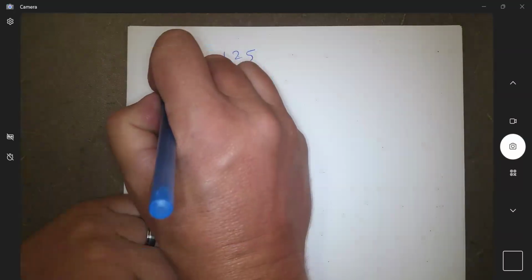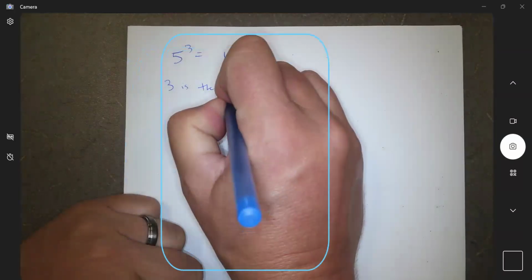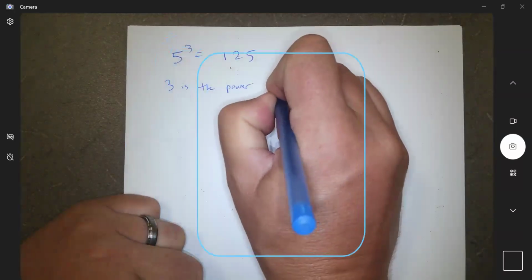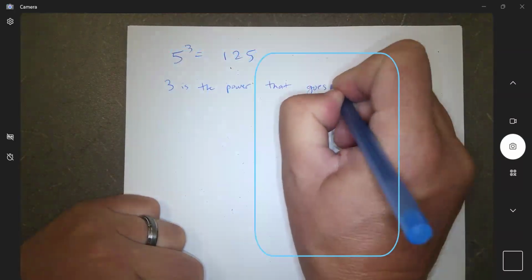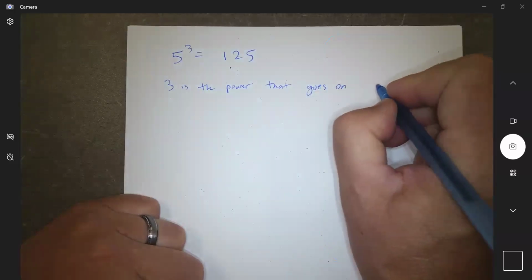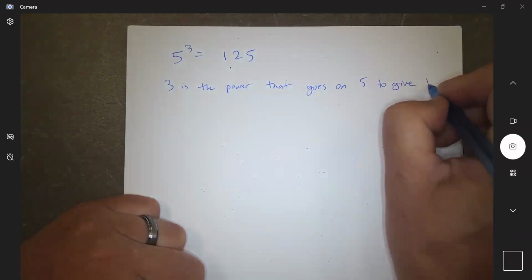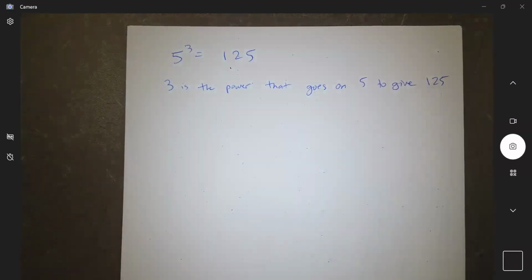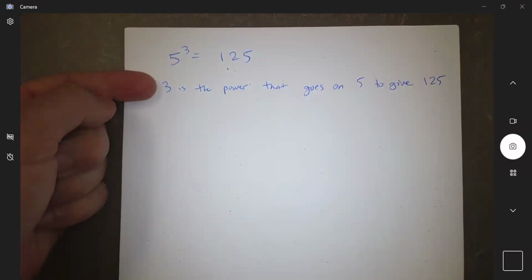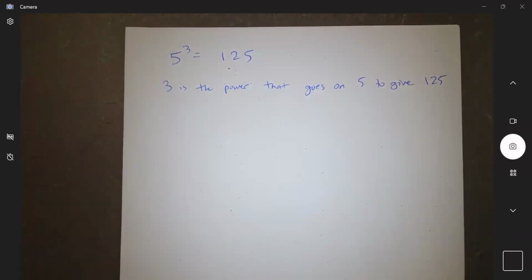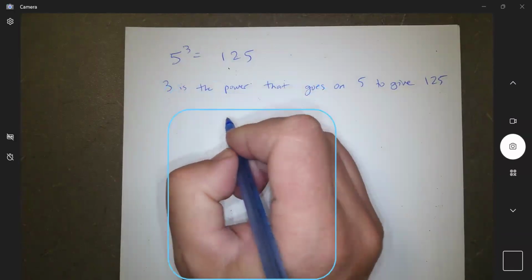So 3 is the power that goes on what number? 5. To give what number? 125. And you had just written down a logarithm in verbal form. That's the exponential equation in verbal form. That's also the logarithm equation in verbal form. Logarithms are powers.